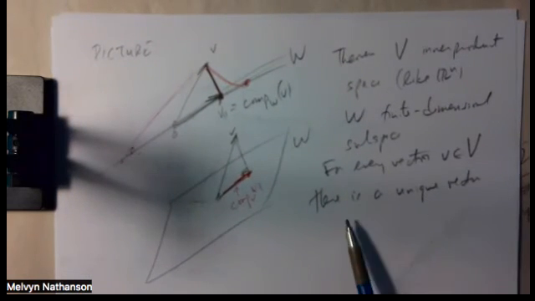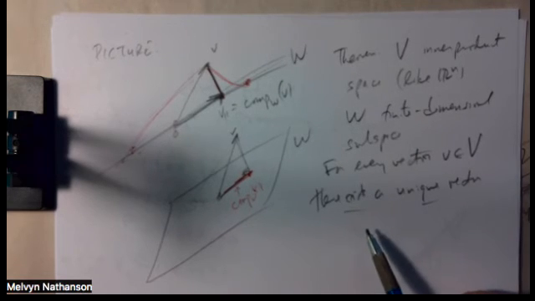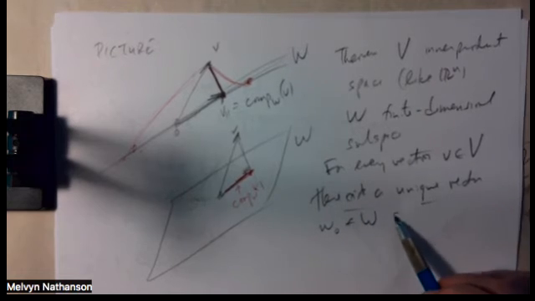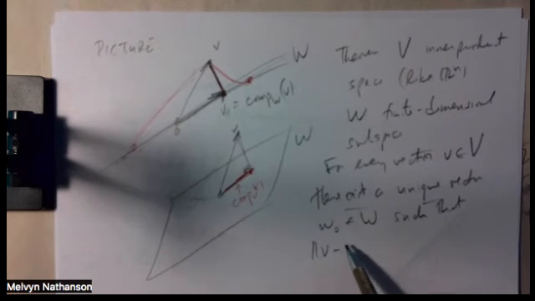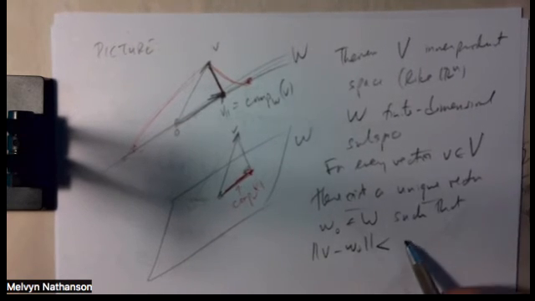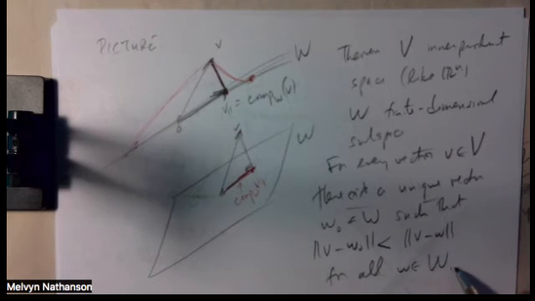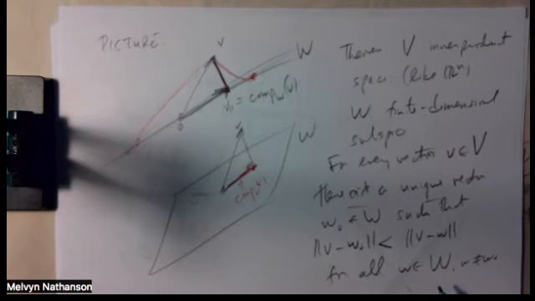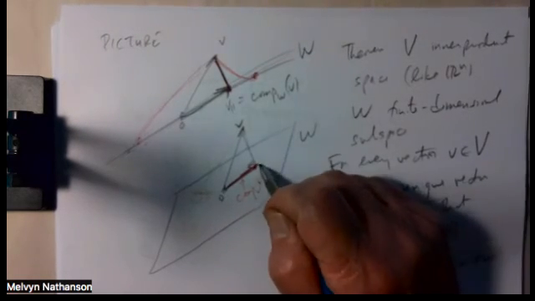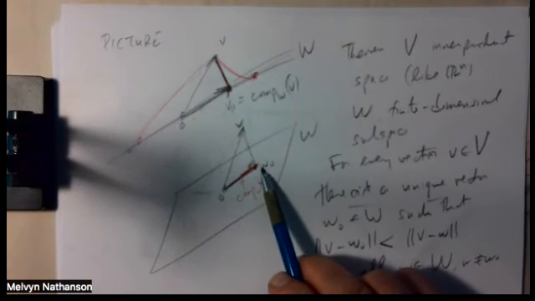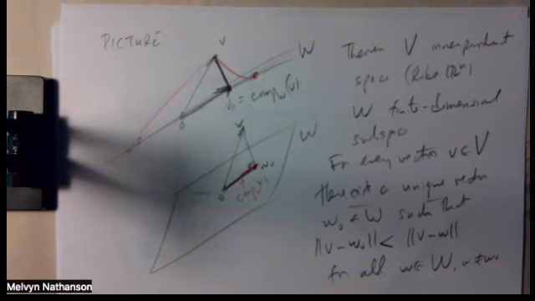This is an example of an existence and uniqueness theorem. There exists a unique vector W0 in W, which is the closest vector to V, such that the distance from V to W0 is strictly smaller than the length of the vector from V to w, for all w in W. So if this is the vector V, this is the 0, this is W0, it's the vector in the subspace W which is the closest vector to V. And there is such a vector, and it is unique.